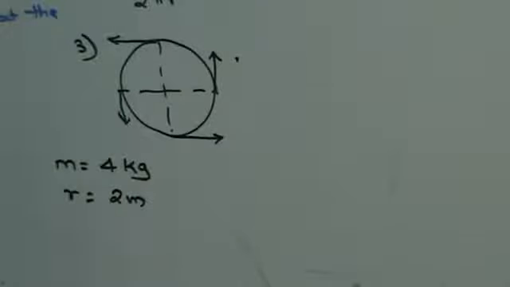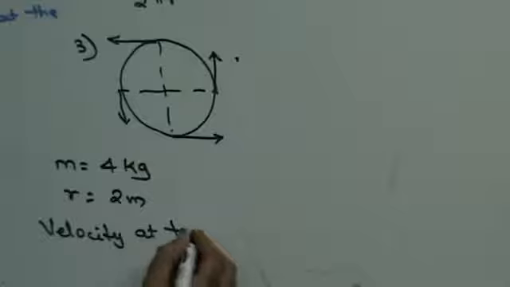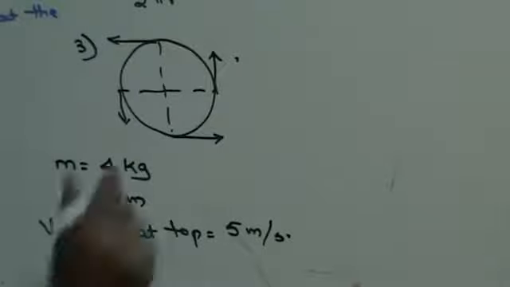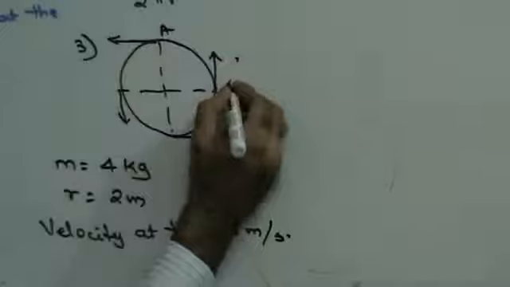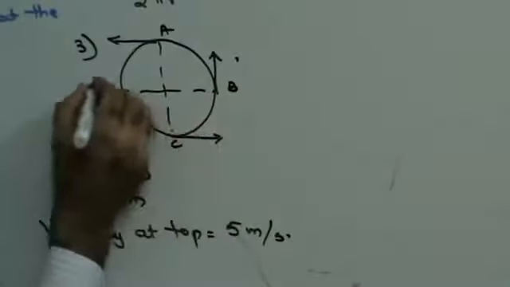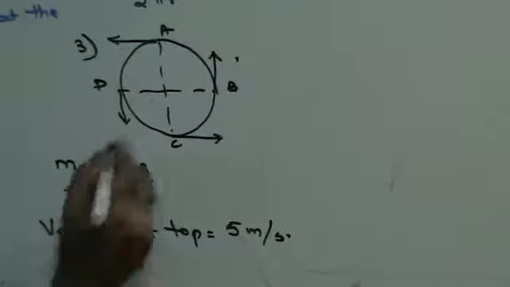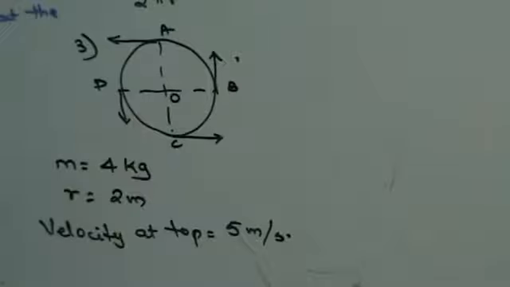Now, they have also given you that the velocity at the top of the circle is 5 meters per second. Okay. Now, let's consider the 4 points to be A, B, C and D. Now, let's try to understand this. Let's assume O is the center of the circle.